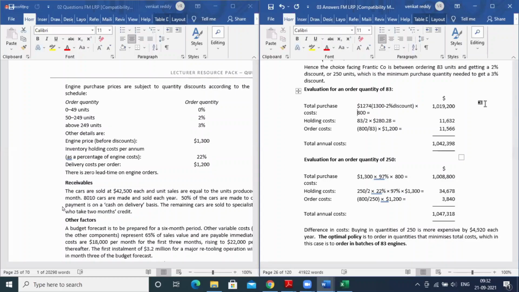So 1274 into 800, our total purchase cost will be 1,019,200. I hope the total purchase cost is clear for all. Is this clear?